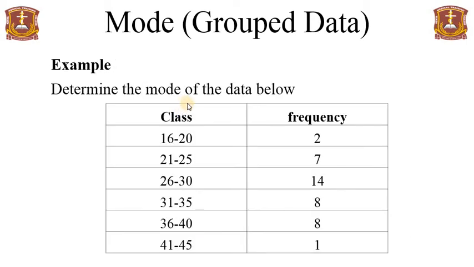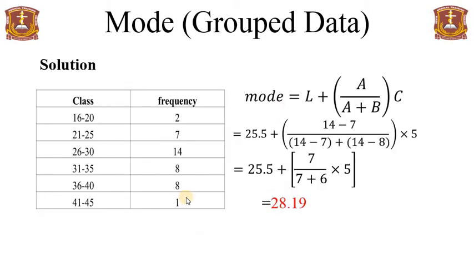Now, this is better explained when we use an example. We are given data here, and we are supposed to determine the mode of the data. This is grouped data, so we go straight to application of the formula we just talked about. From this data, you can find the highest frequency falls at 14.